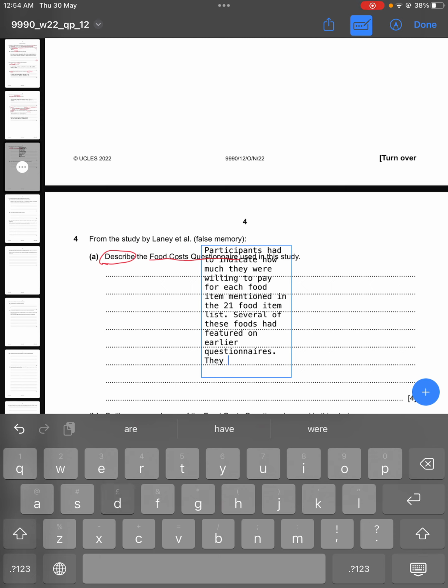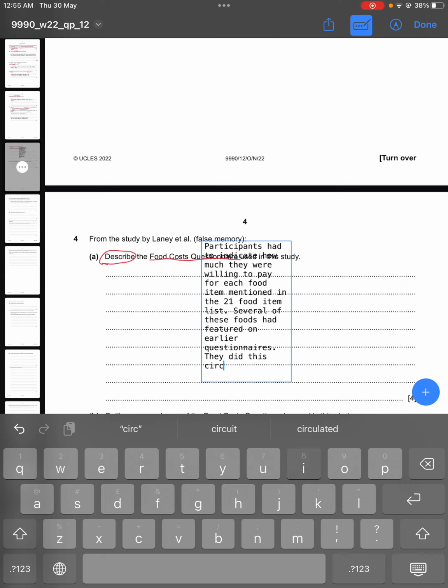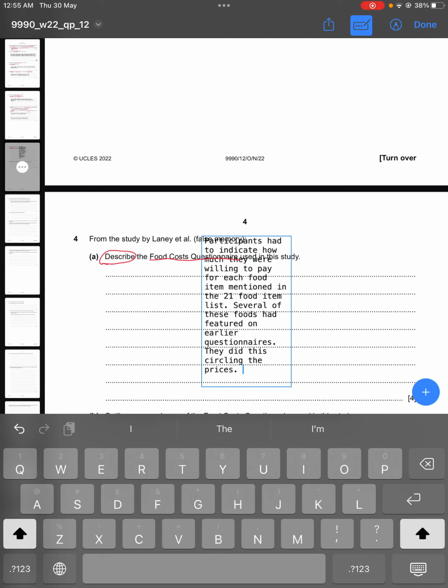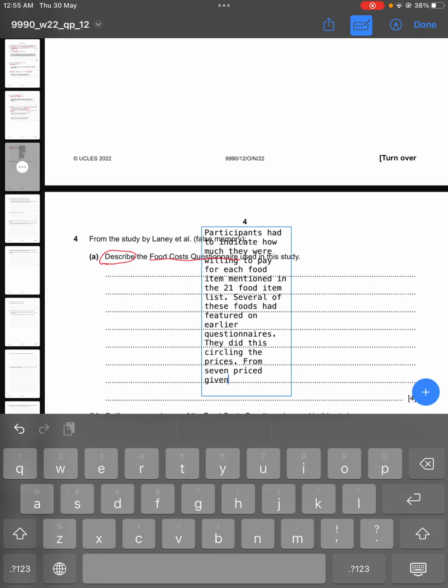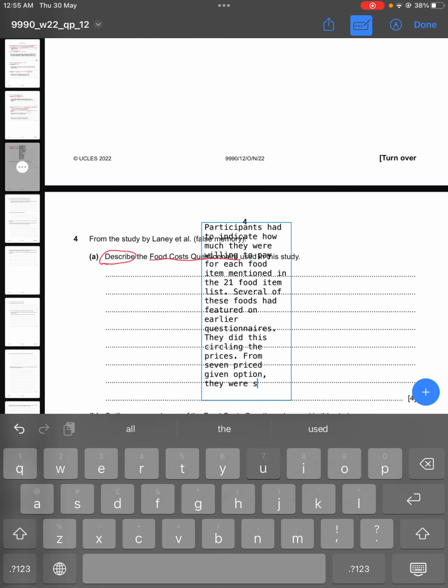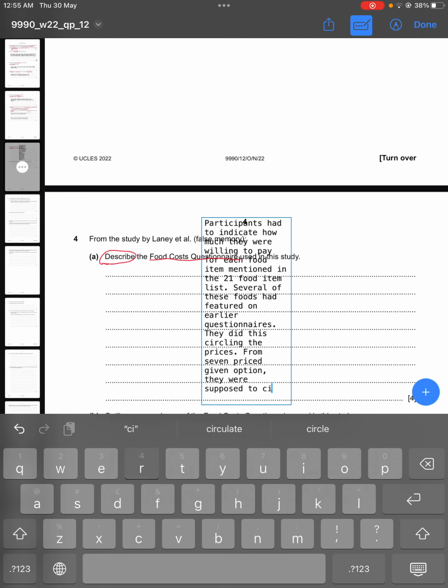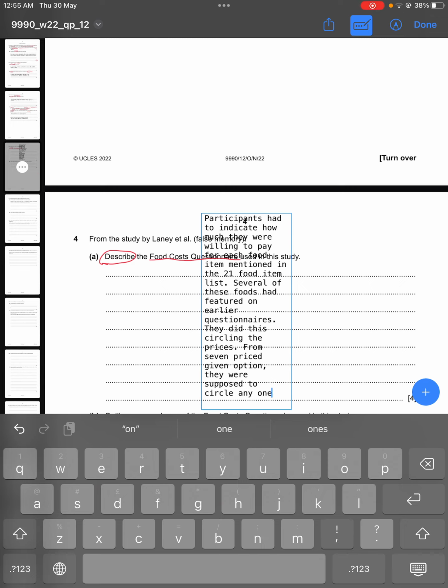They told how much they were willing to pay by circling the prices, the option of prices mentioned, and from 7 priced given options, they were supposed to circle any one.